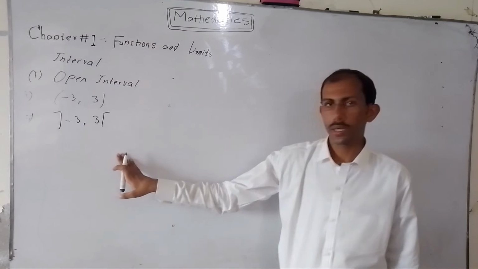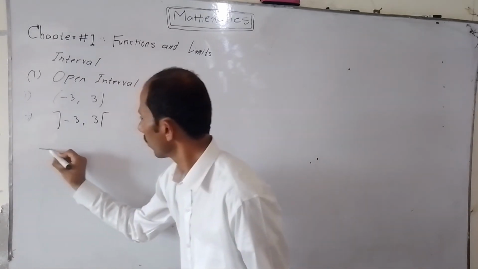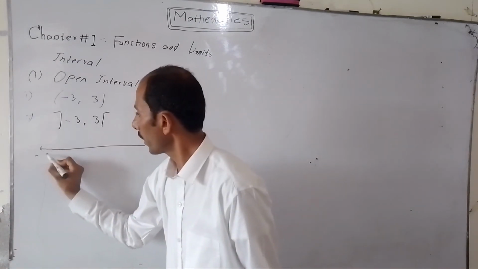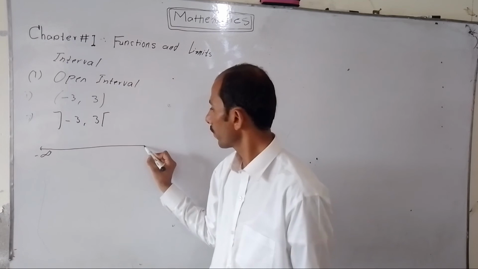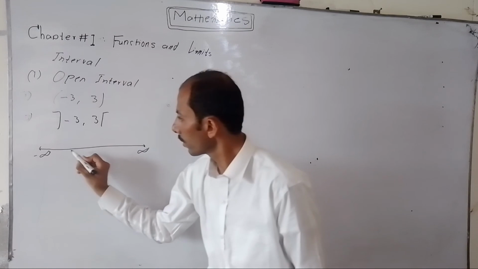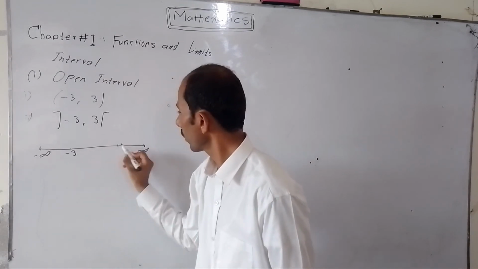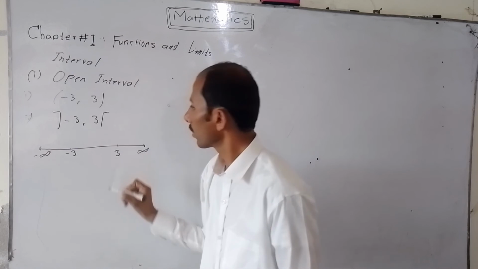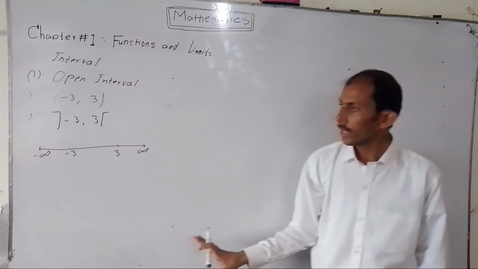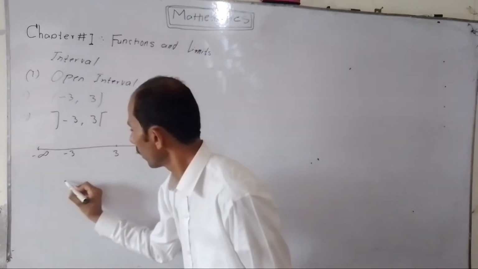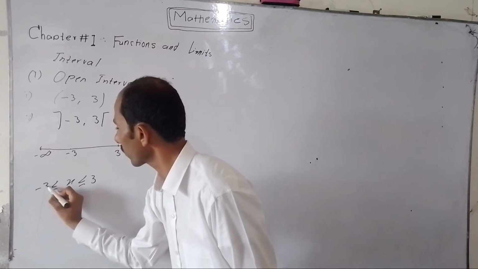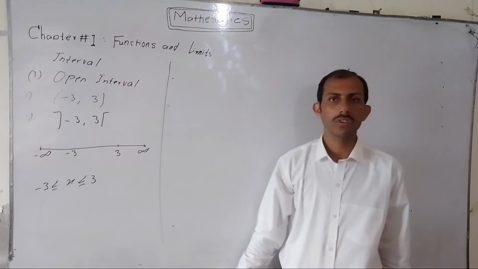Next, in interval form, minus infinity to plus infinity, so interval between minus 3 and plus 3. Graphical representations of real lines in interval form. x less than or equal to 3, greater than or equal to minus 3. Next, closed interval.